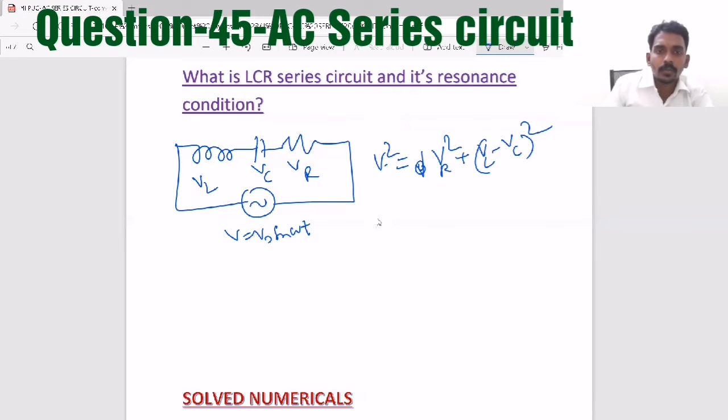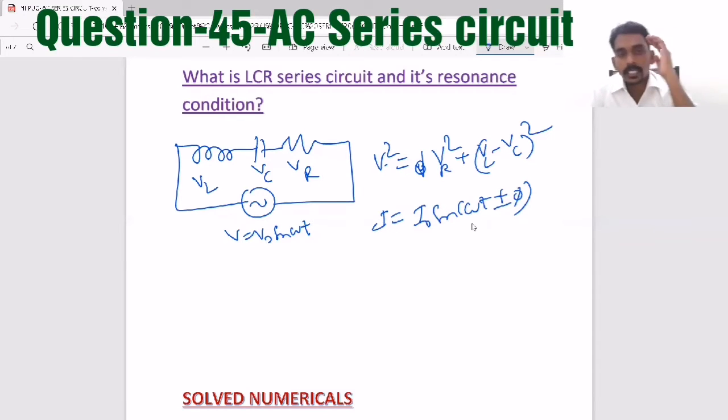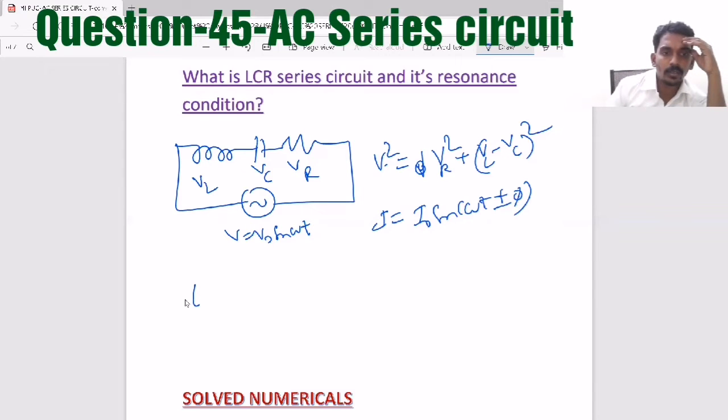When you consider current equal to I naught sine omega t plus or minus phi, if VL is greater than VC, then voltage leads. If VL is less than VC, then current leads. So the general formula is tan phi equal to XL minus XC by R.